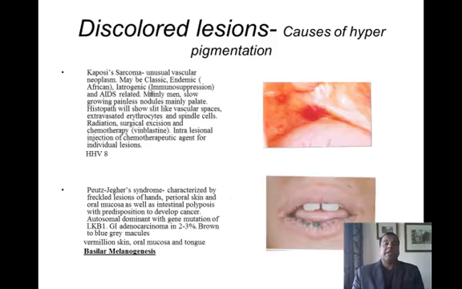Kaposi sarcoma is an unusual vascular neoplasm which may be classic or endemic as in Africans, iatrogenic due to immunosuppression, and HIV or AIDS related. It mainly occurs in men, with slow-growing, painless nodules, mainly on the palate. Histopathology will show slit-like vascular spaces, extravasated erythrocytes or red blood cells, and spindle cells.